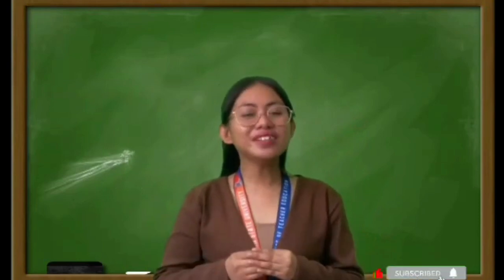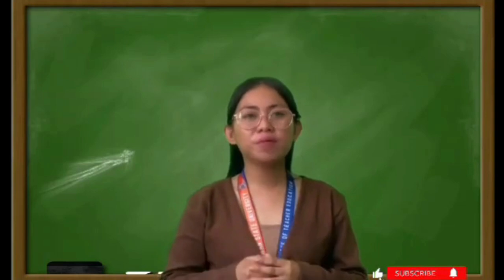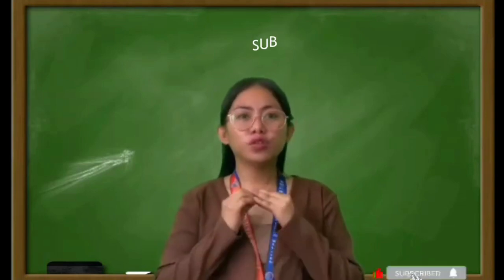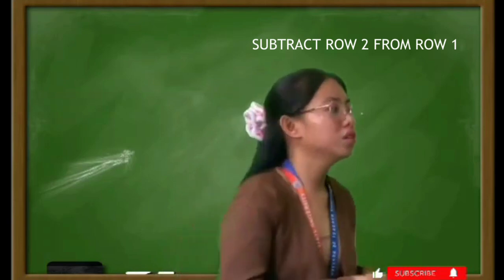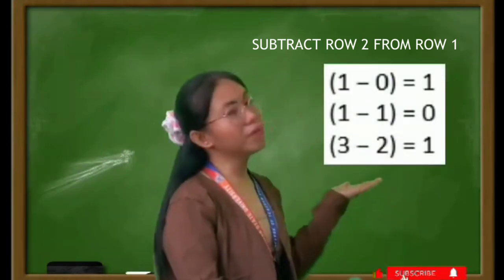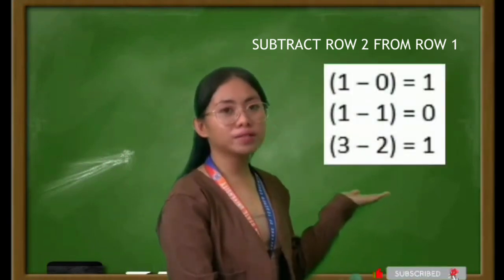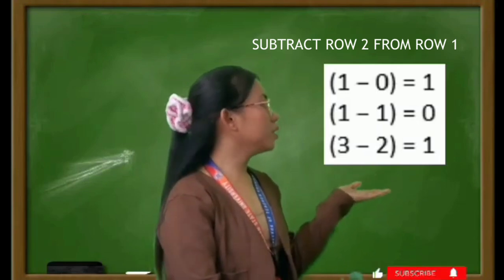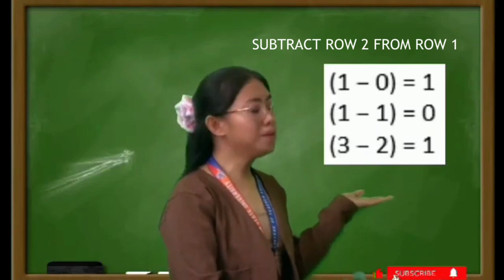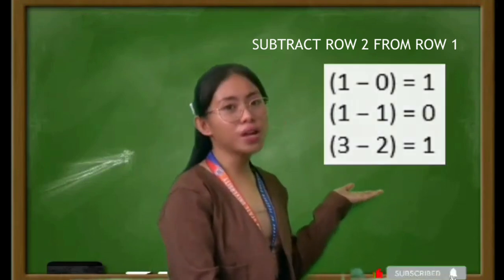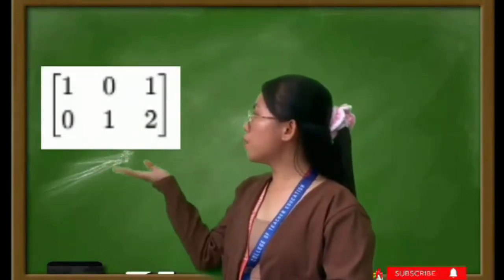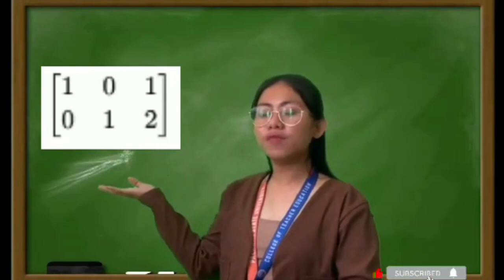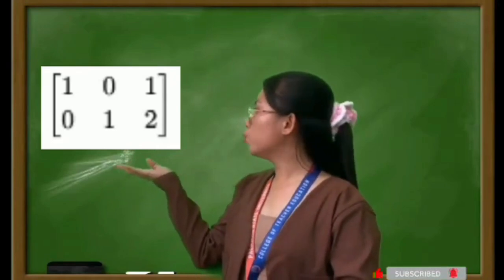And for the last one, step 4, eliminate the one above the pivot. We subtract row 2 from row 1. We have 1 minus 0 equals 1. 1 minus 1 equals 0. And 3 minus 2 equals 1. And this is our new matrix. For the first row, we have 1, 0, and 1.